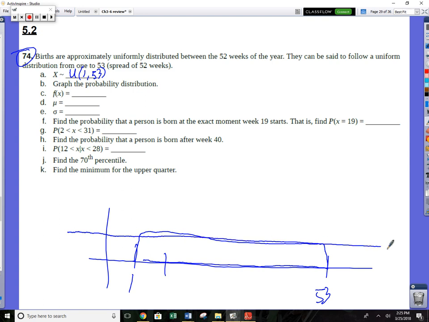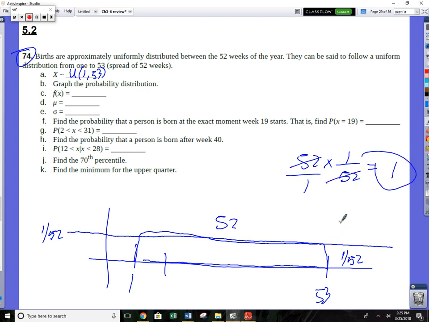You better only be going 1/52, because this is 1/52 tall, and it is 52 wide, and 52 times 1/52 is equal to 1. The area's got to be 1. So C, y equals 1/52. That's the horizontal line.